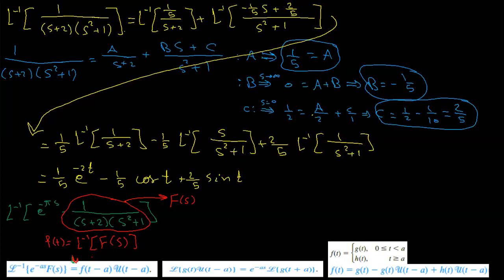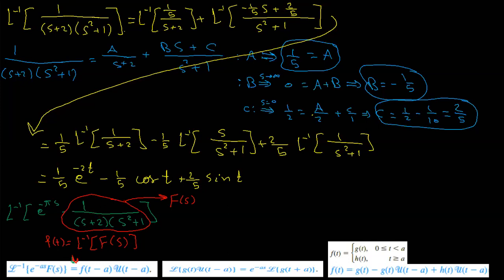But let me, with you, try to find f of t. Can anyone of you tell me how to find f of t? Or can I find the inverse of this function? What do you think? Yes, it is here.